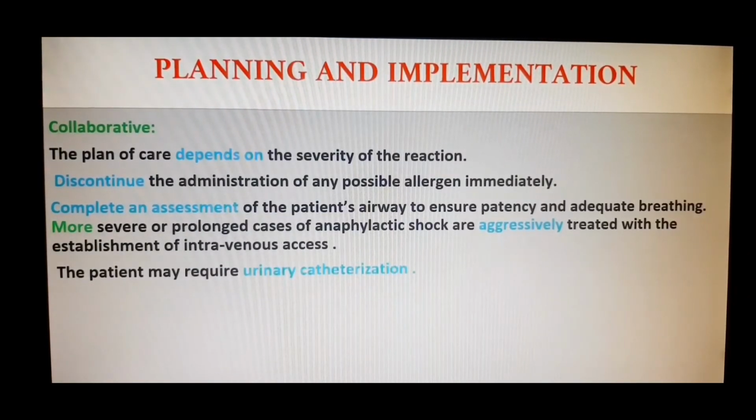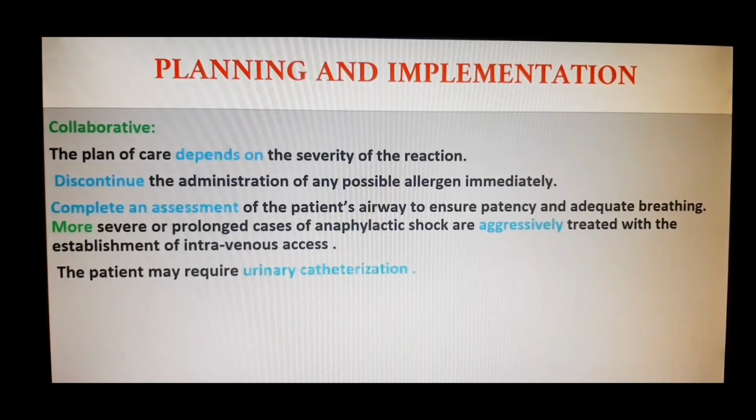And the next step was planning. So, planning and implementation. Here we have two types of implementation, collaborative and independent. In the collaborative, the plan of care depends on the severity of the reaction, but airway management is the first priority. We must remember it. Discontinue the administration of any possible allergen immediately.